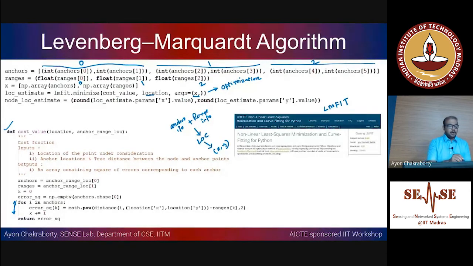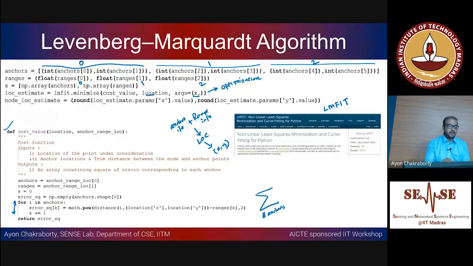For all the anchors, what we are simply doing is summing it up. You remember we had this sigma, and this sigma was summing up my objective for each individual range. So for however many anchors we have, we run this particular loop, and we add the distance of anchor i from this x, y.